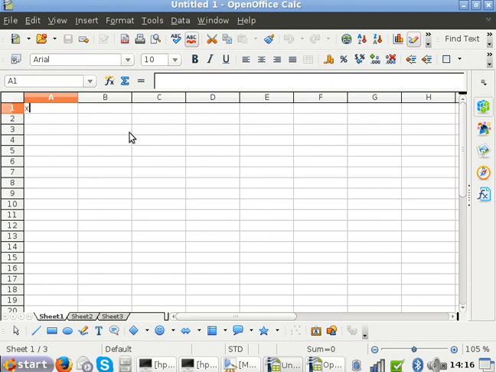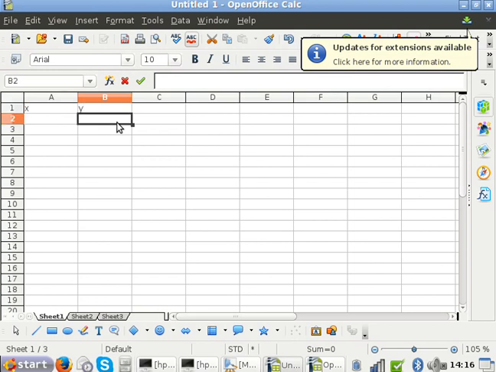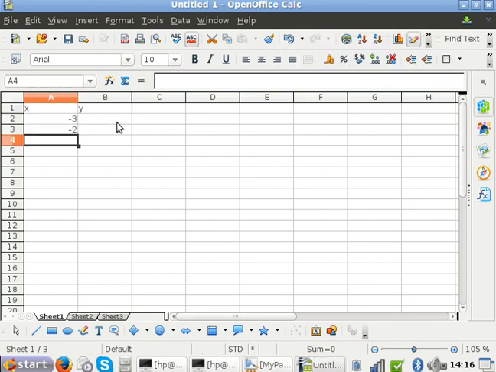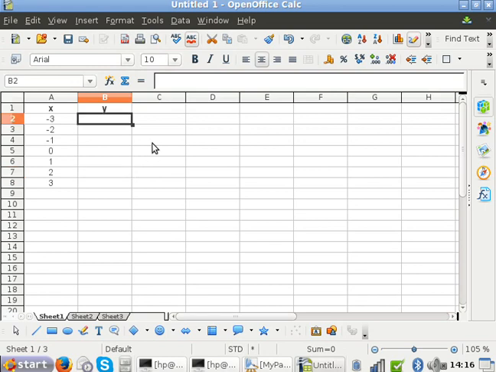X here. So write down this table, okay? And y. So in the question I ask you for the graph from -3 to 3. Yes, 2 does come after 1. So in this question I say y equals x squared.